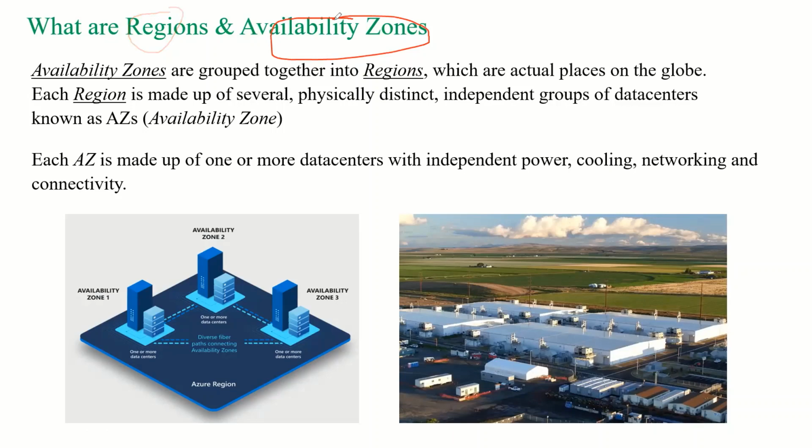Let us look into the definition part. Availability zones are grouped together into regions. That means, here you can see this picture representation. We have availability zone 1, availability zone 2, and availability zone 3.